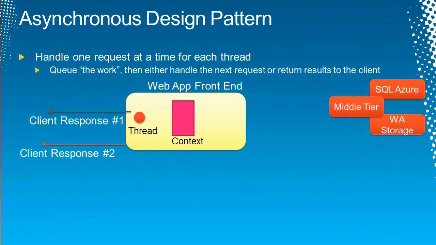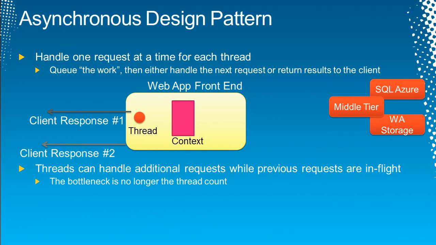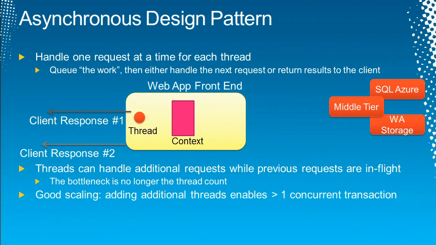Now, obviously, there's an explicit data structure that's being used to track these requests. And because threads can handle additional requests while the first one is in flight, the thread count is no longer the bottleneck. And if we add an additional thread, we'll get the capability of handling many more than just one additional concurrent request. So our application scales in a much more graceful way.